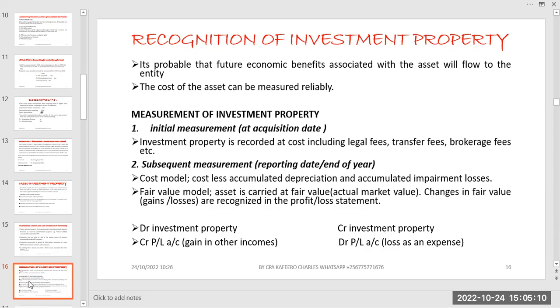When you are determining this initial measurement, there is something maybe I didn't talk about in IAS 16 about the initial measurement when you are measuring at cost. There are certain costs that we are not supposed to include in the cost of the asset. In PPE, I did not talk about that item, and I saw it is a bit challenging for students.